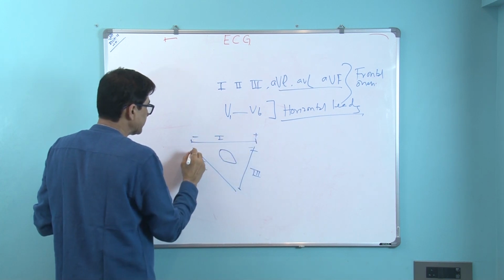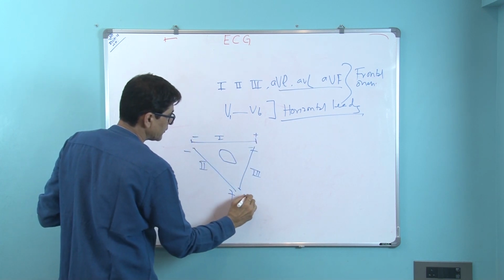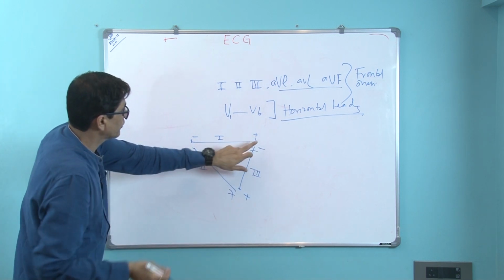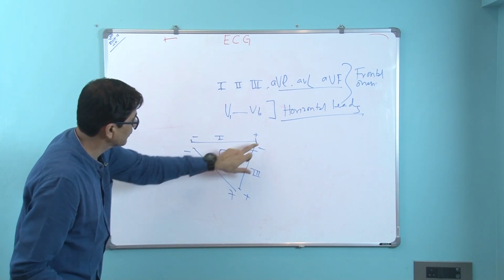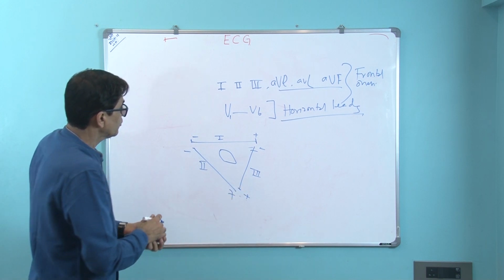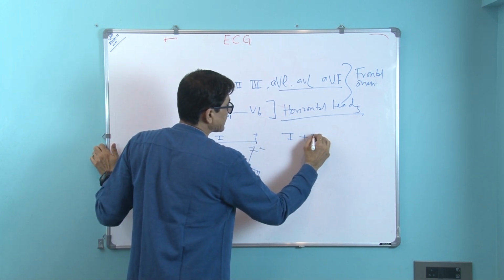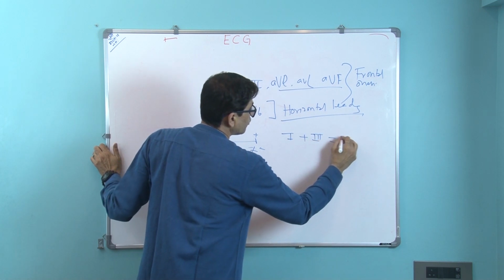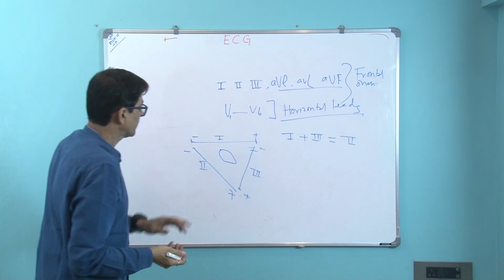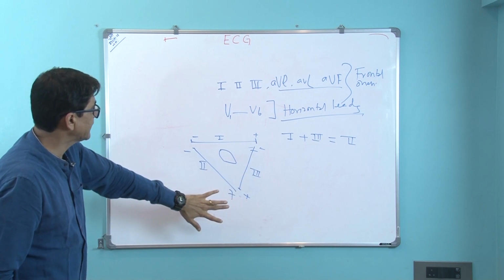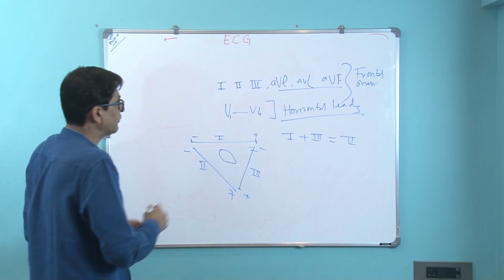Now the interesting thing is negative and positive: this is positive, this is negative. So 1 plus 3 equal to 2. I will tell you how.